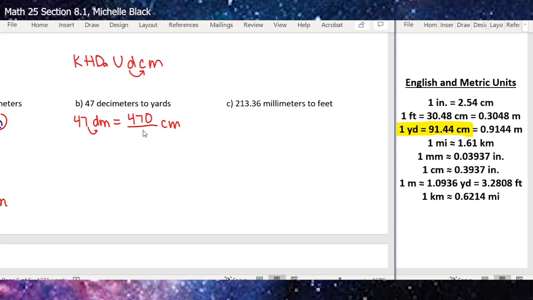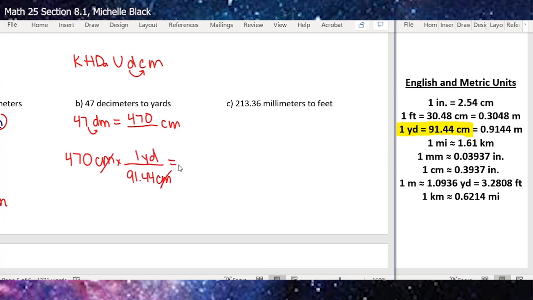So now I can utilize this to say 47 decimeters is the same as 470 centimeters, which I can multiply by a unit fraction using the information over here. I want centimeters to cancel out, so I'm going to put that in the denominator, and I'll put yards in the numerator.